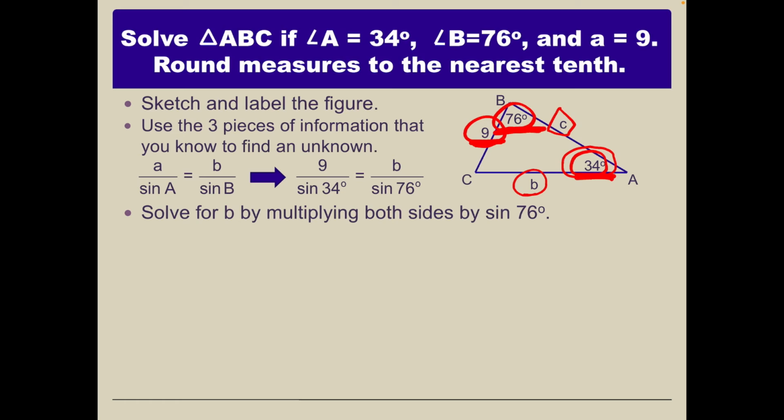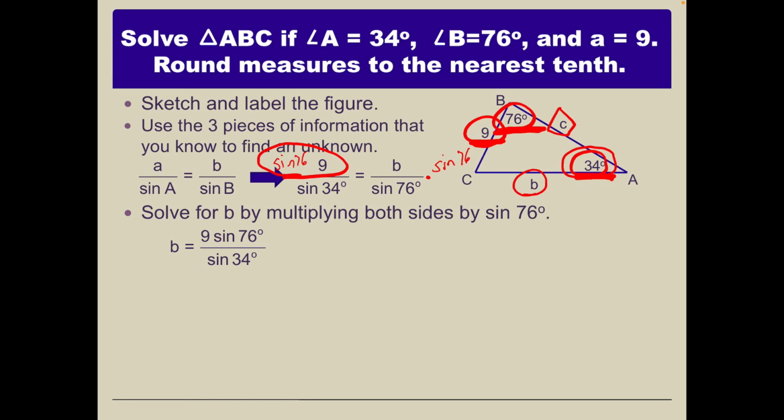What I would typically do, instead of putting these in your calculator right away, is multiply both sides by the sine of 76 to help us solve for b. So I would do sine of 76 here and sine of 76 here. When we multiply this top, it's actually easiest to put the 9 first: 9 times the sine of 76 over the sine of 34.